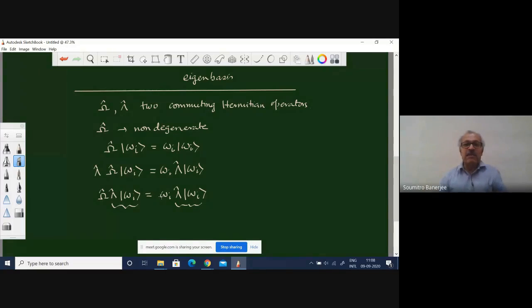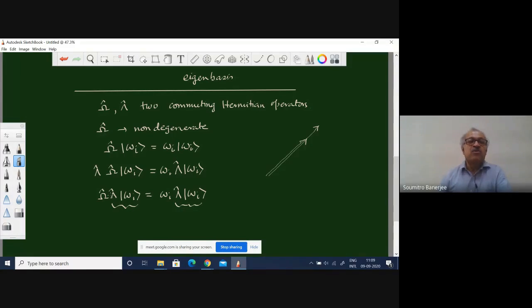So physically what is happening? Suppose you have the vector something like this, this omega I eigenvector, and then lambda is essentially stretching this vector, so that omega I is an eigenvector of omega and lambda omega I is also an eigenvector of omega, which means that lambda and omega have a common eigenvector.